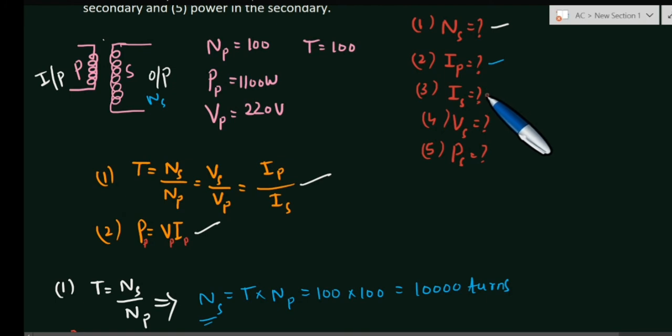And the next one they are asking is what is the current at the secondary. What is the value of current at the secondary of the transformer?